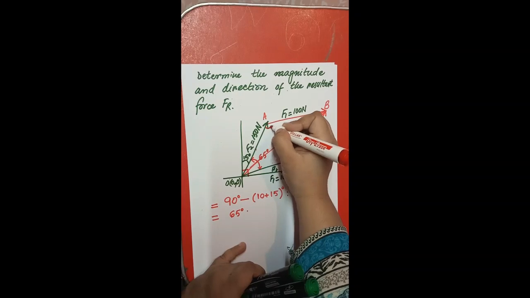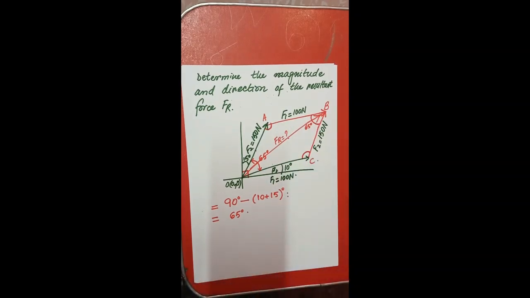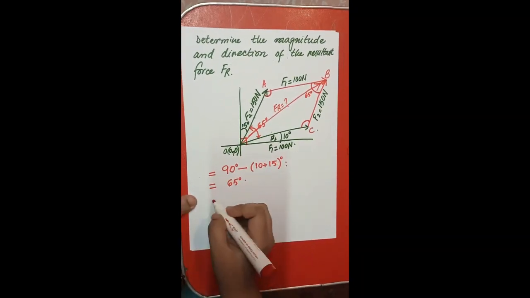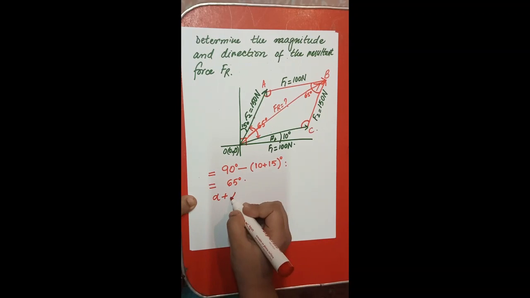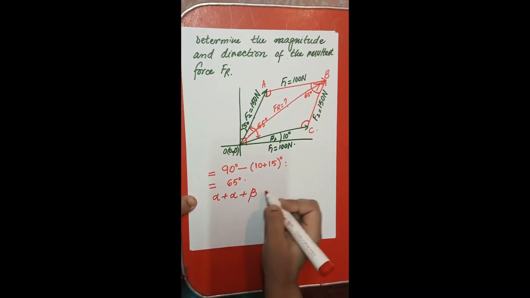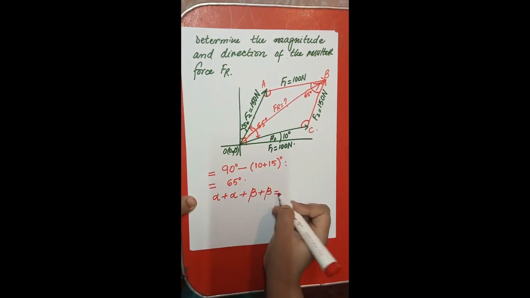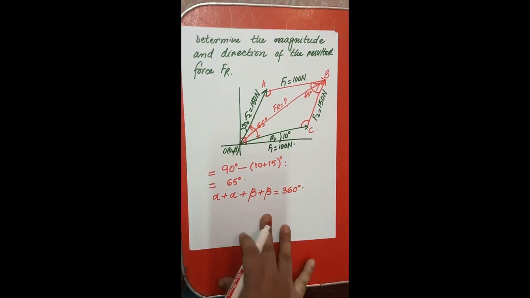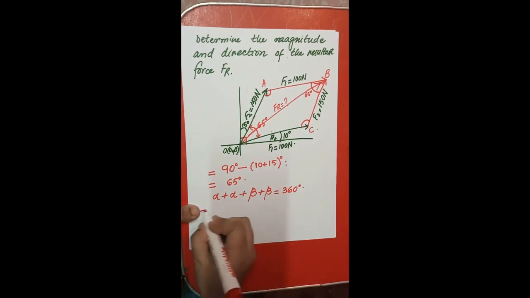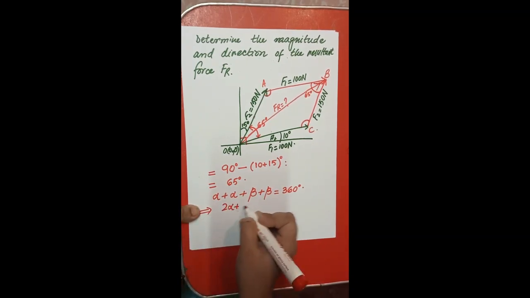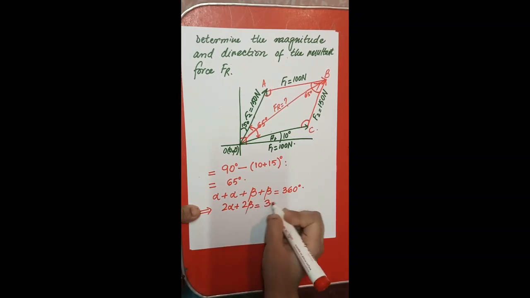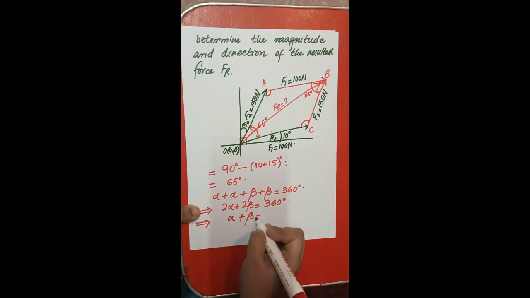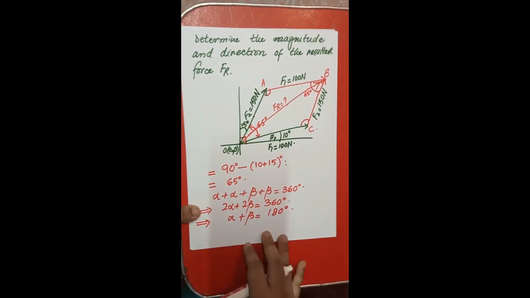And what will be this angle? How can we find it? Always keep in mind that the sum of all the angles in a parallelogram is equal to 360 degrees. So it will be 2 alpha plus 2 beta equals 360 degrees. So alpha plus beta equals 180 degrees.